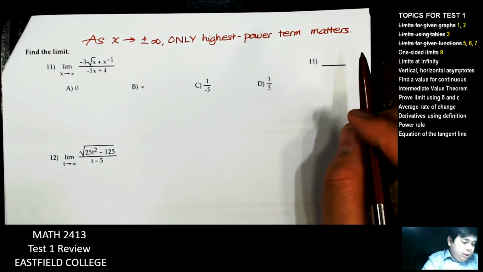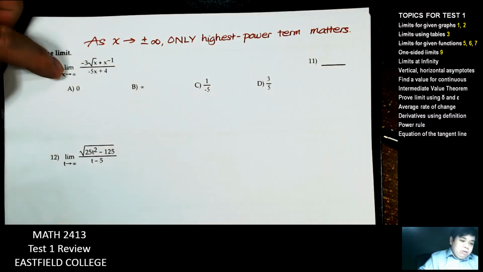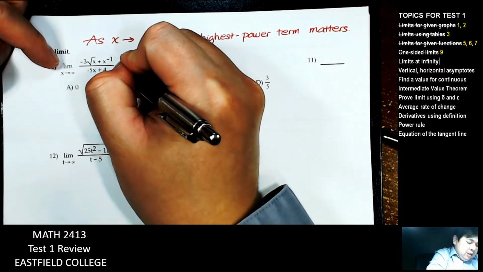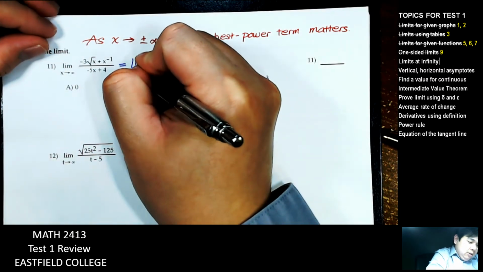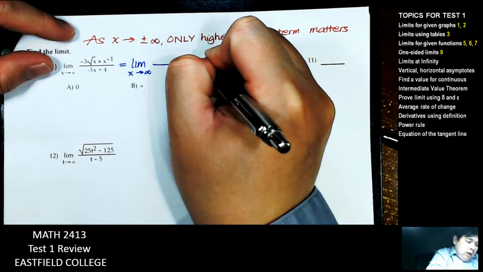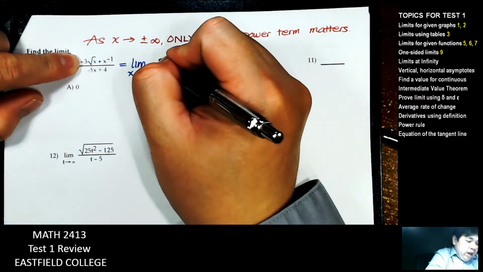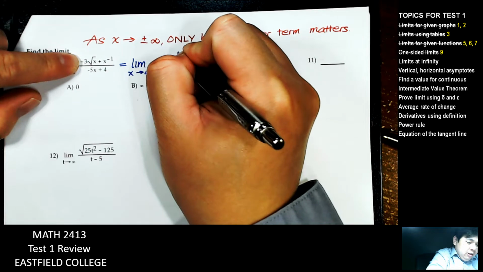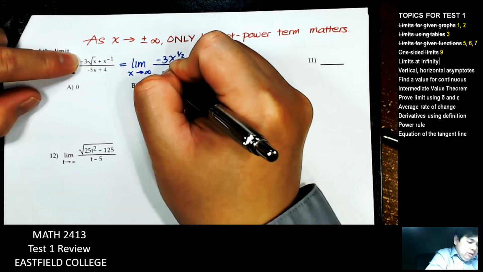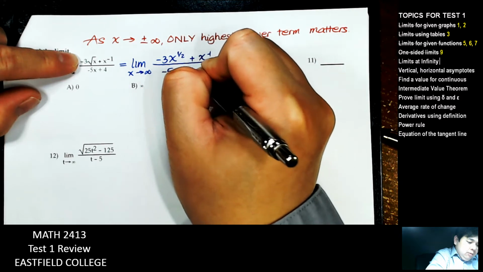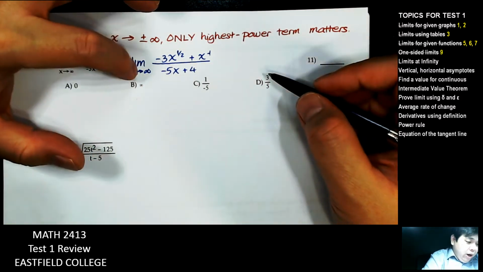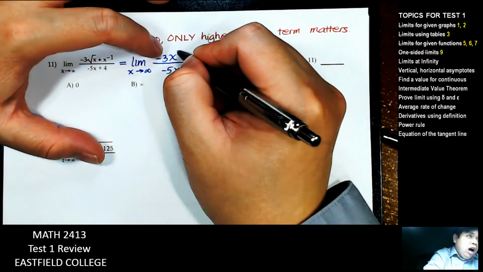Alright. So like the first one, when we look at this, we can rewrite that as x to the negative 1/2. What we see is that when x goes to infinity, the one with the high power matters.